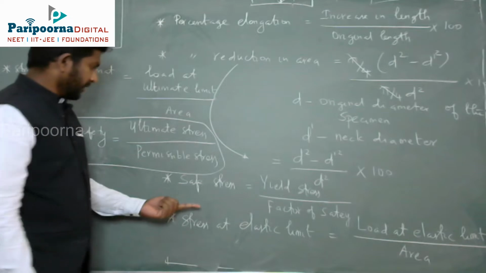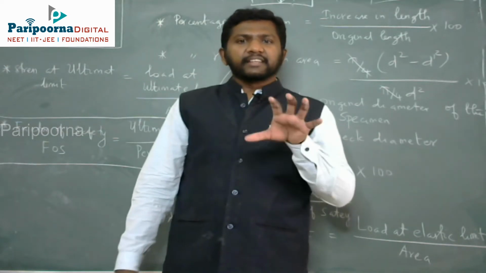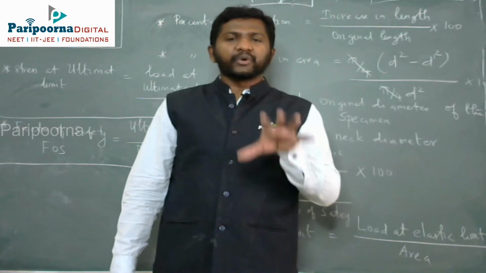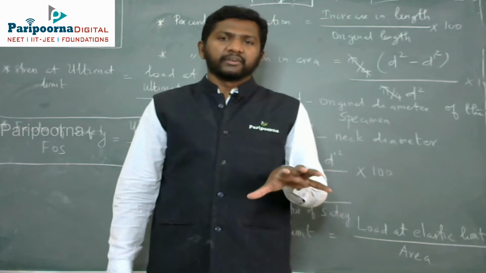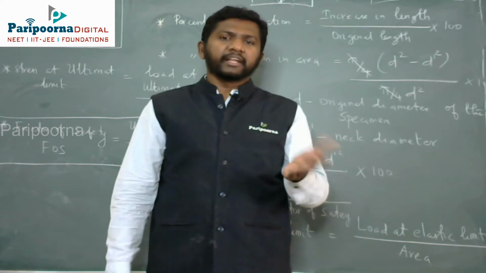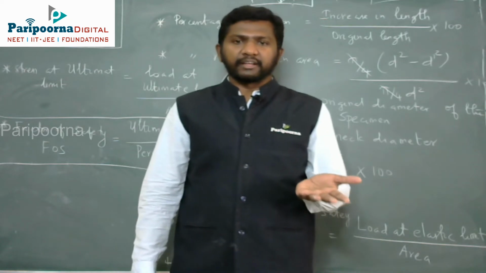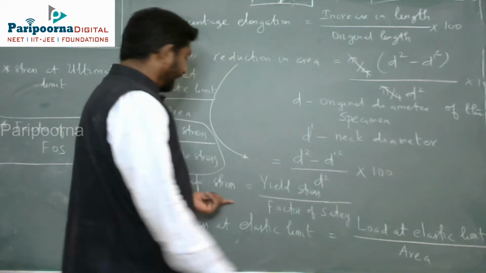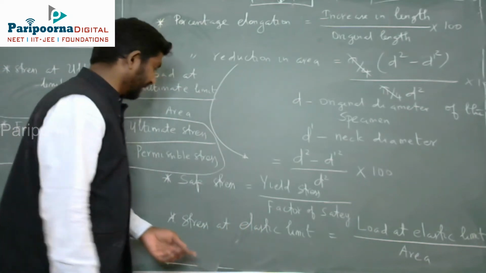Then another formula is you can calculate safe stress. What is safe stress? That is the value at which you can operate the material without failure. If you operate the material or any product beyond the safe stress, failure may occur. So for that purpose, it is required to calculate safe stress before the product is manufactured.